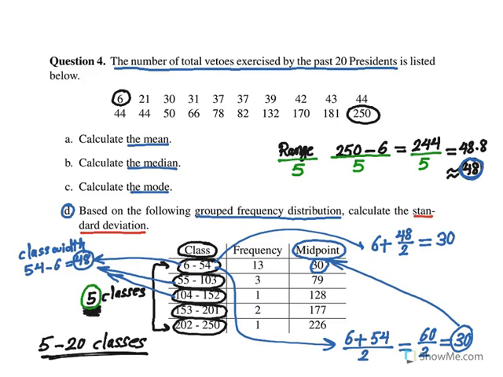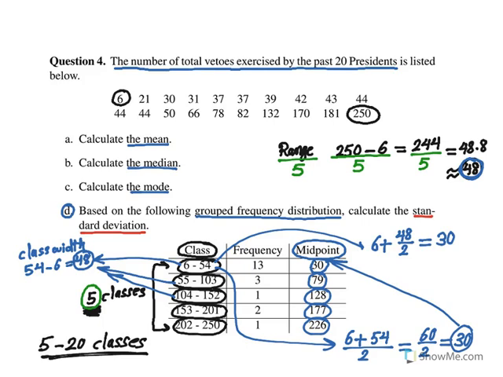And you can do it for all the classes to get the midpoints of each class. So this is for you to understand how this grouped frequency distribution was made. It's not part of the question, I'm just explaining it to you again so you know where these numbers are coming from.